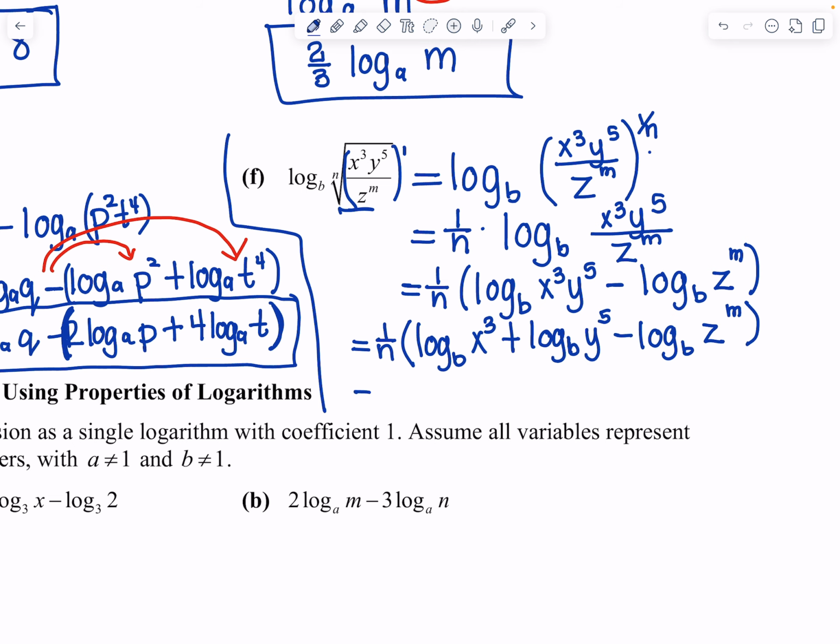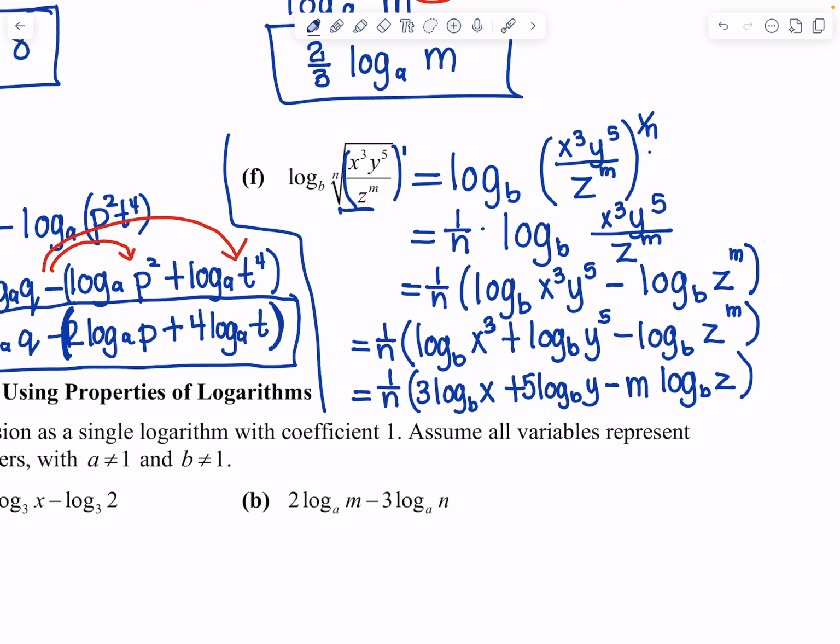So we get 1 over n times, now we move in this power, 3 times log base b of x plus 5 times log base b of y. And then look what we have here: minus m, because that's our exponent, times log base b of z.